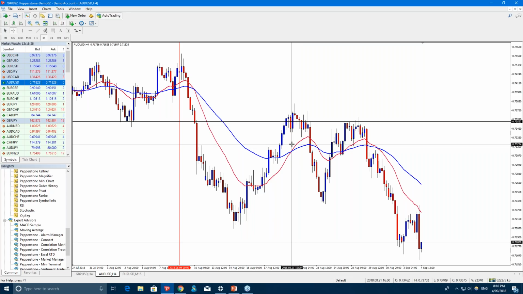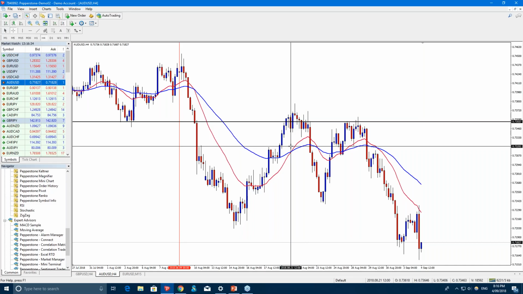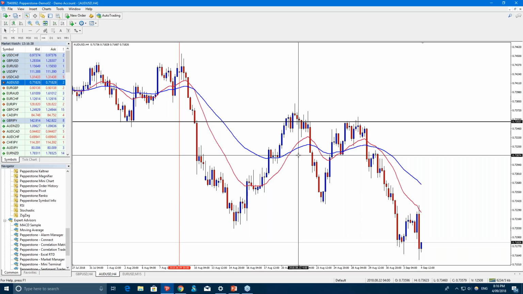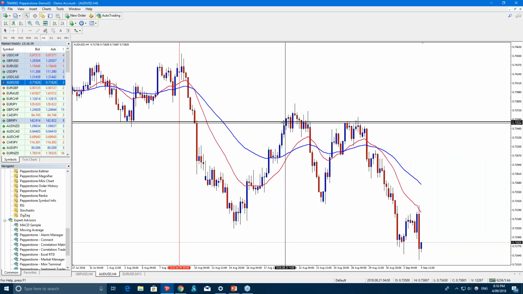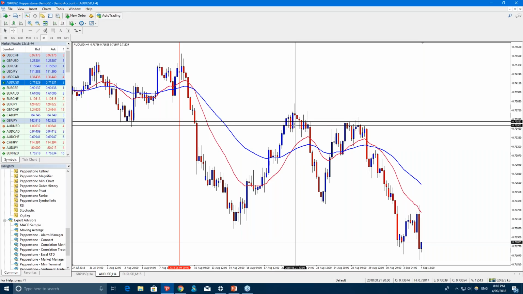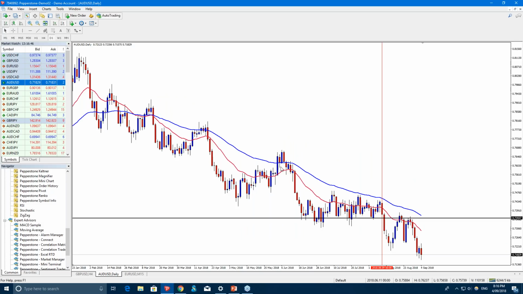The important thing about having more than one reason to be in the trade is that there needs to be more than one reason to be in the trade. This particular chart here, we have a bias towards the short because the price action and the role reversal is also telling us let's get involved with the short side. So if we go back to that daily, look how long this cross has been involved.